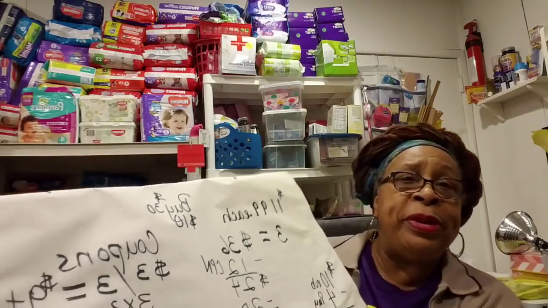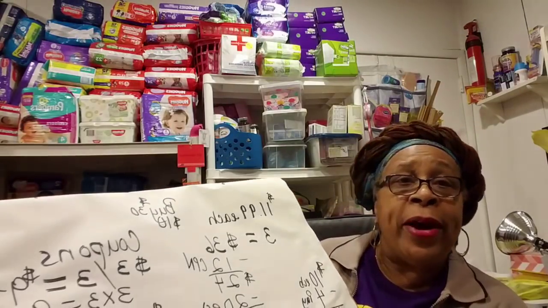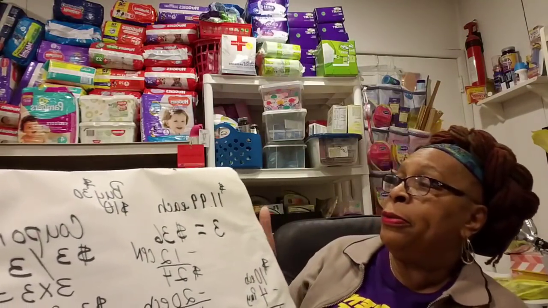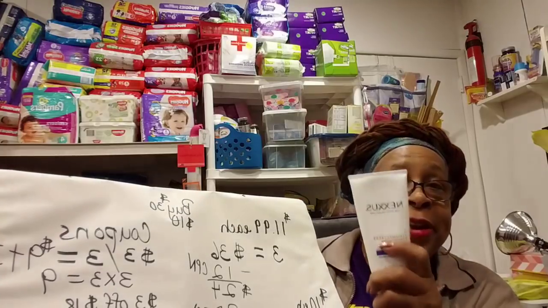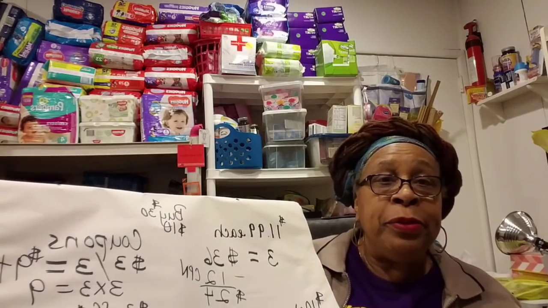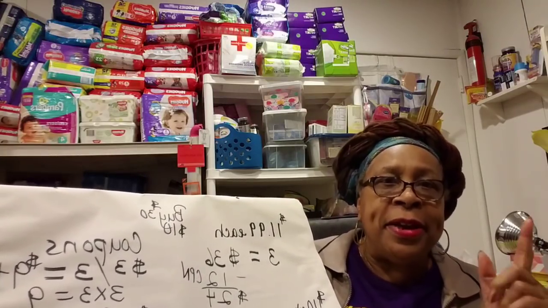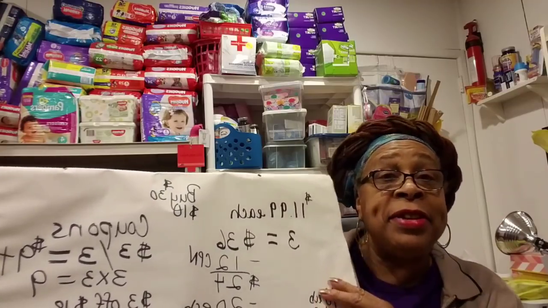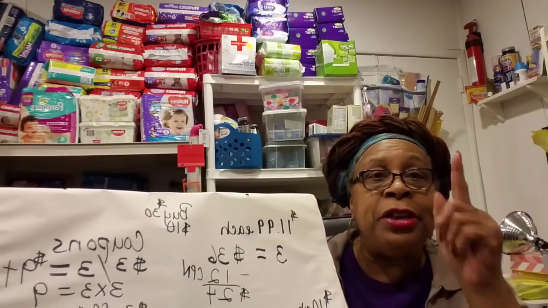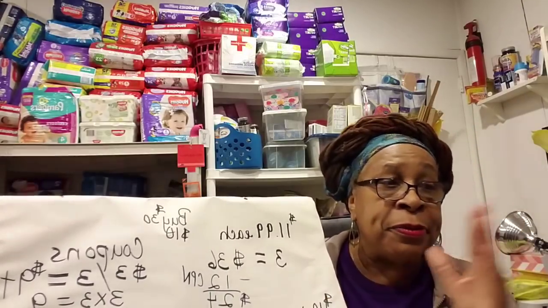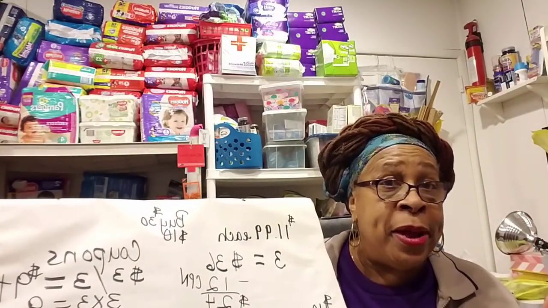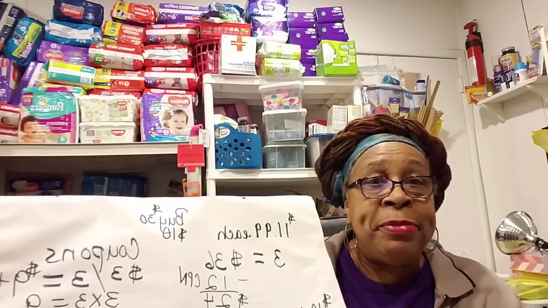I'm going to go over it briefly again before I stop the video. Okay, so I went into CVS and I bought 3 of these products, the Nexus product. Each one was $11.99. I took the $11.99 and I rounded it to 12. So that's 12, 24, 36, $36. Then I had $3 coupons that were from CVS.